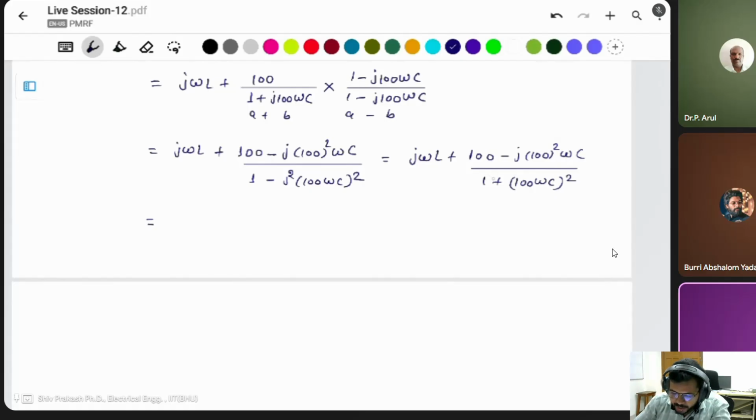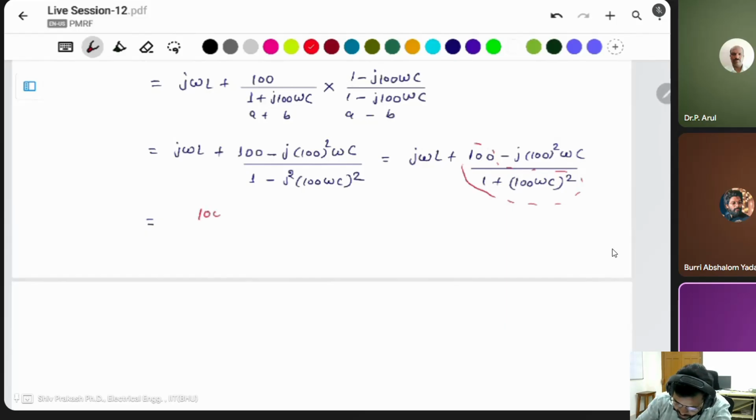You can take it part-wise: one part imaginary and the other real. 100 divided by 1 plus (100 omega c) square is the real part only in this case, and the remaining thing is the imaginary part.